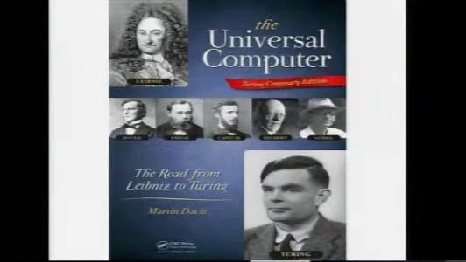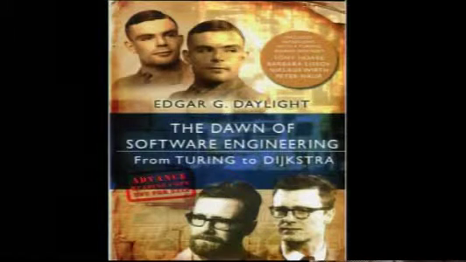So I was rather startled to get the following in the mail. When I first saw this, I thought, oh great, somebody's written a sequel to my book. I was going from Leibniz to Turing, he's going from Turing to Dijkstra. And in many ways, this is a wonderful book. It has these interviews with these 4 Turing Award winners that are very well done and very interesting.